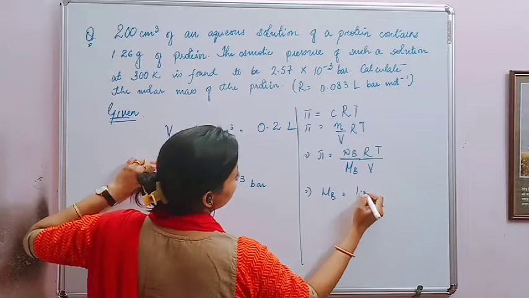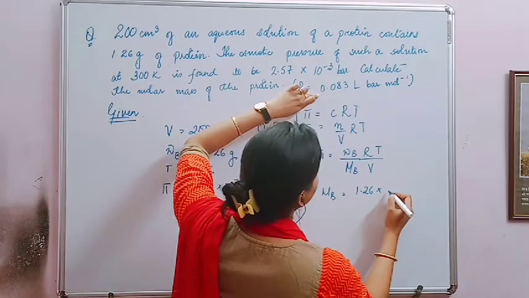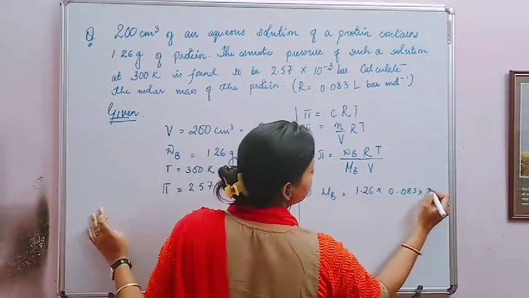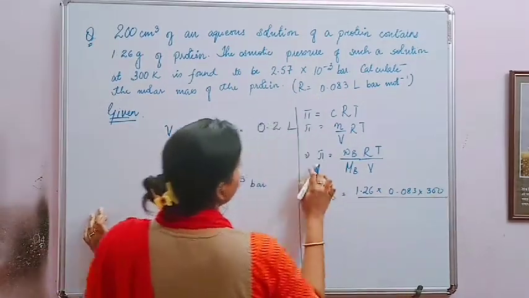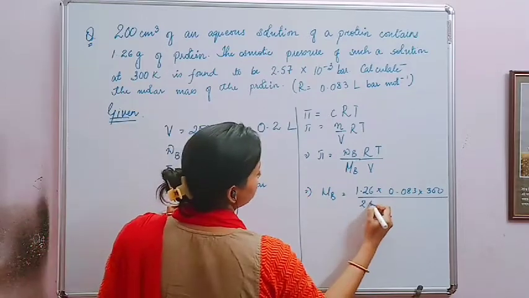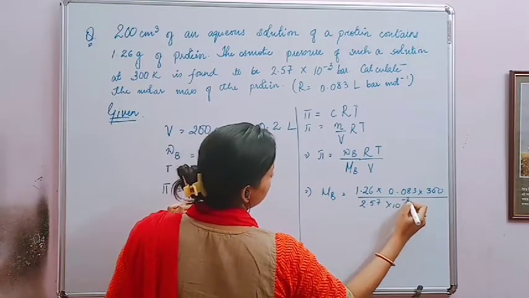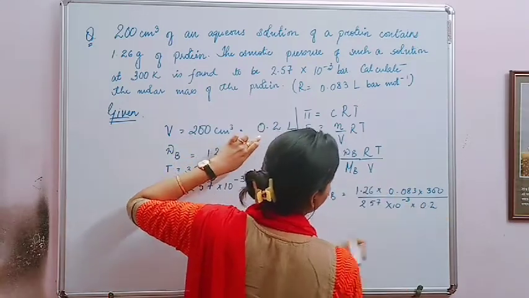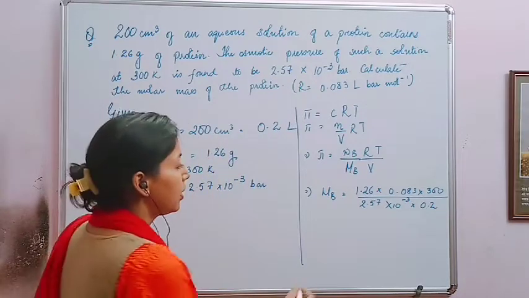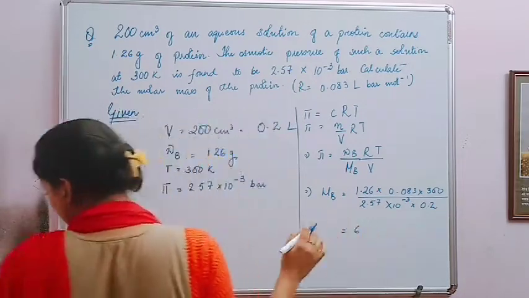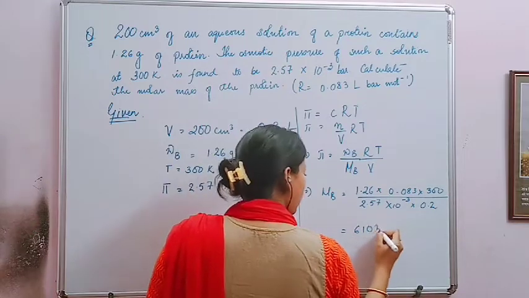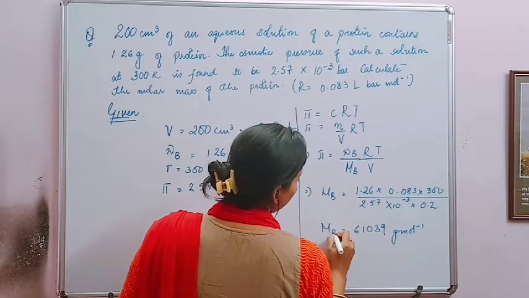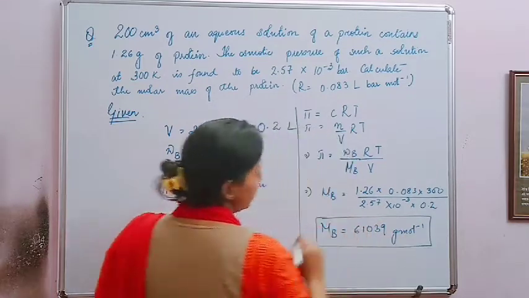WB is 1.26, R is 0.083, temperature is 300, pi is 2.57 into 10 raised to minus 3 and volume is 0.2. Done? If you solve this, you should get 61039 gram per mole. That is the molar mass of the protein.